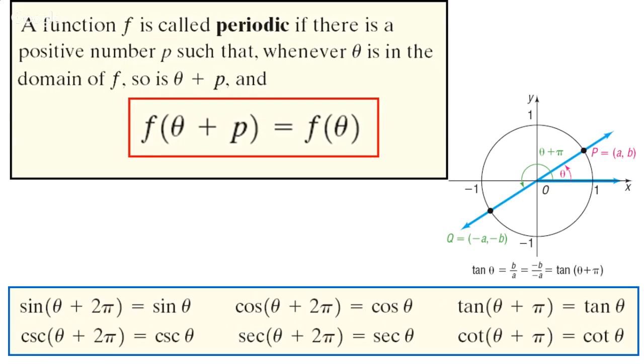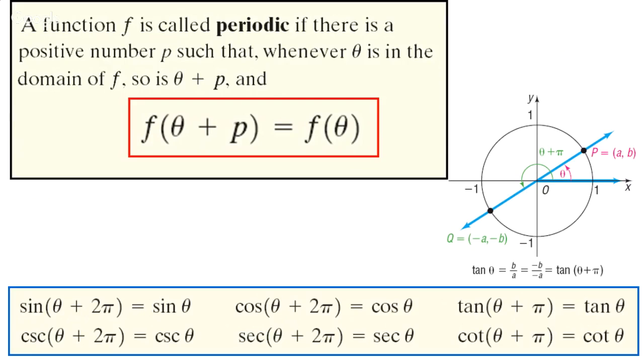We notice as we go all the way around the circle, our values start to repeat. For sine, cosine, secant, and cosecant, I have to go all the way around the circle, so 2 pi, then things start repeating. But for tangent and cotangent, things start repeating every pi value.